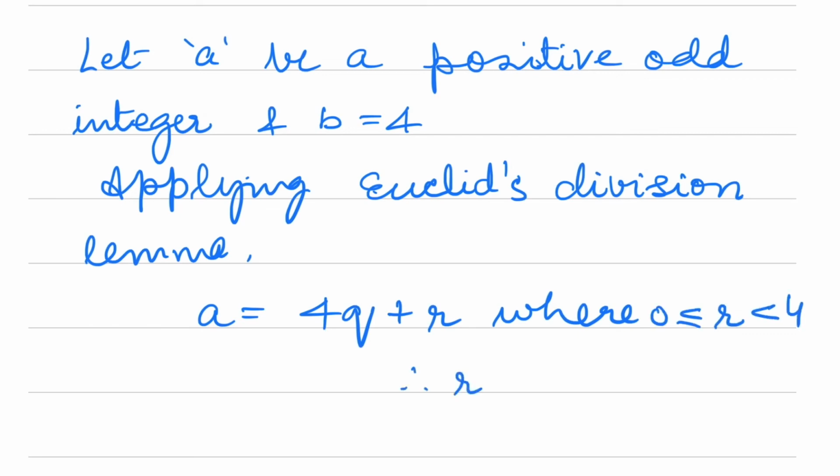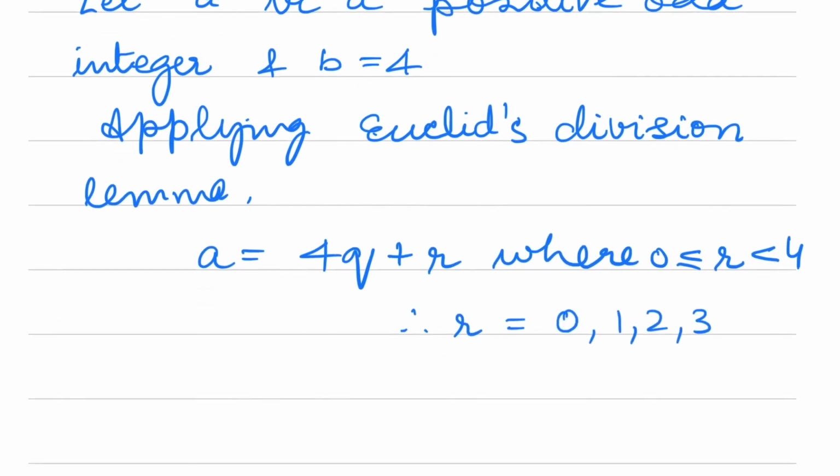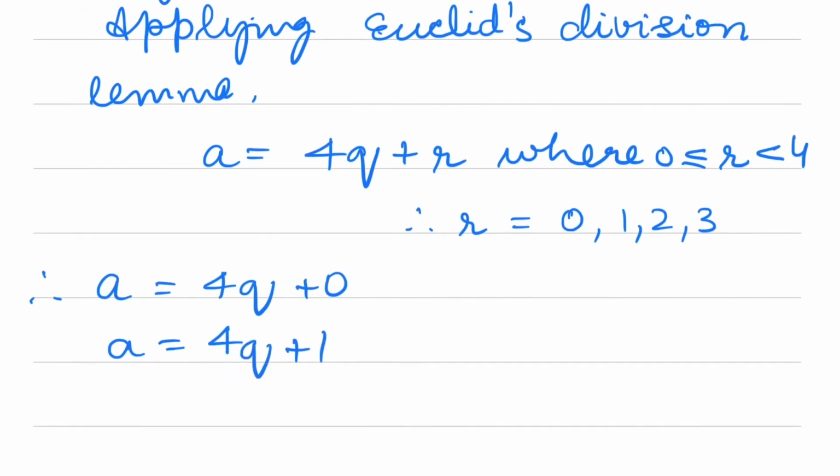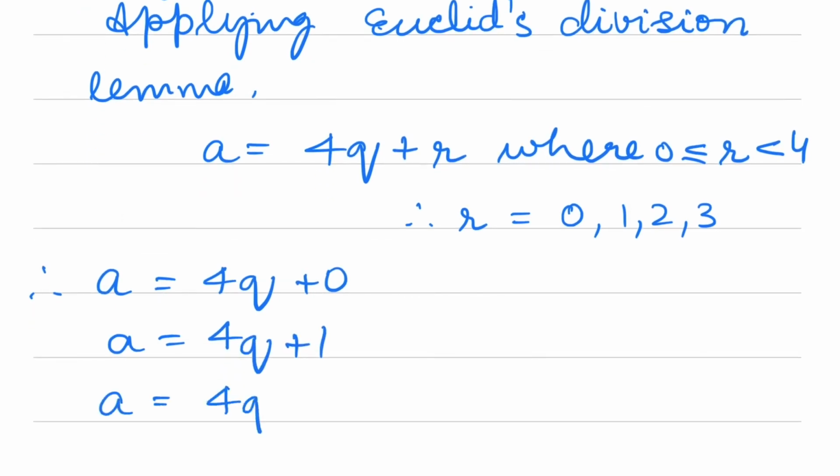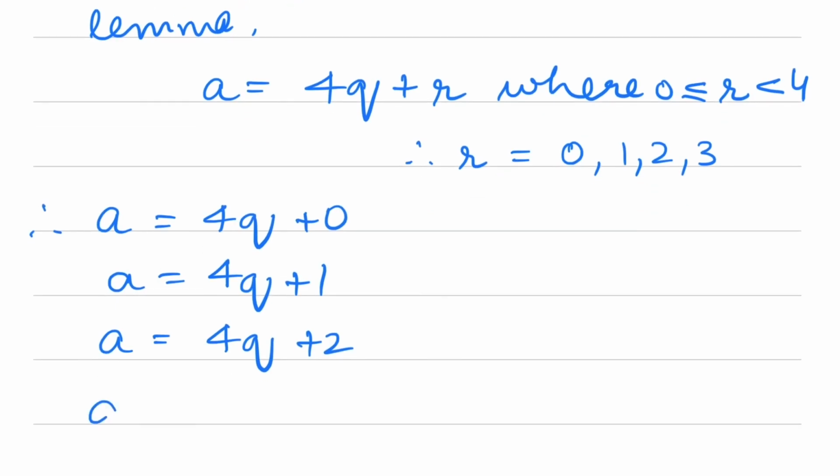So therefore r will be equal to 0, 1, 2, 3. Now a is equal to either 4q plus 0, or a is equal to 4q plus 1, or a is equal to 4q plus 2, or a is equal to 4q plus 3.